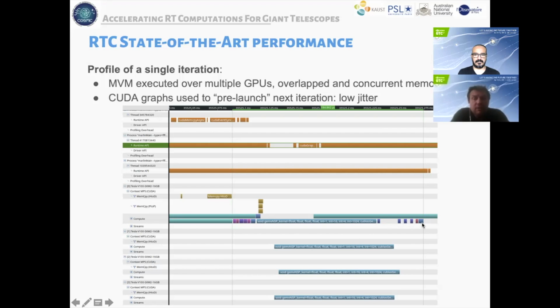We gather the results, and at this point, the results are ready to be sent to the deformable mirror. We are using CUDA graphs to pre-launch these jobs for the next iteration. So this is what enables the very low jitter we are observing in this pipeline.